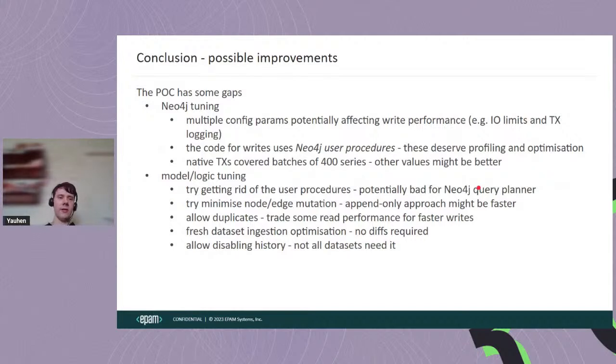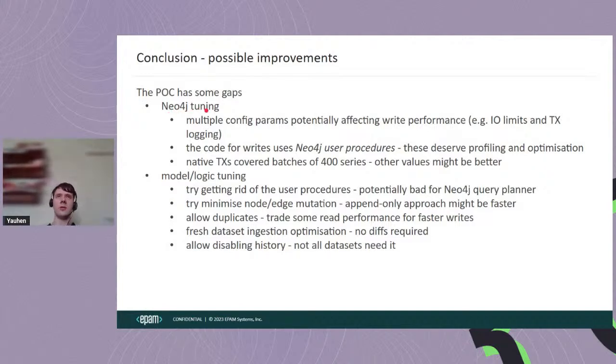And also, I would like to mention a couple of words about what could be improved about my experiment itself. Obviously, I spent a limited time on this and it was imperfect, but I have some ideas how the situation might be improved. First of all, it might be worth taking a deeper look at configuration of Neo4j.